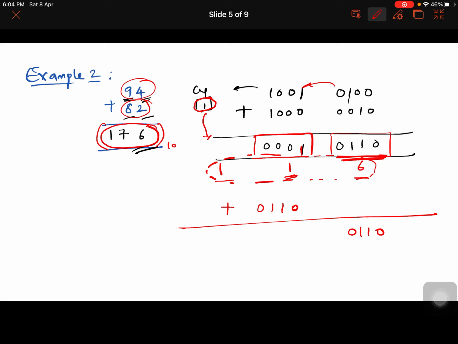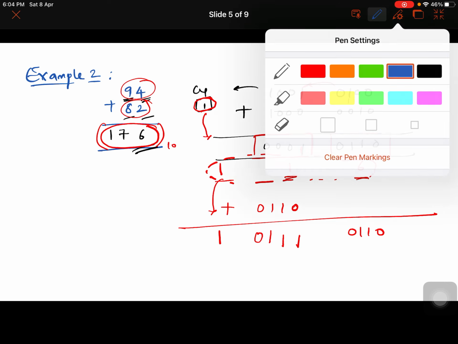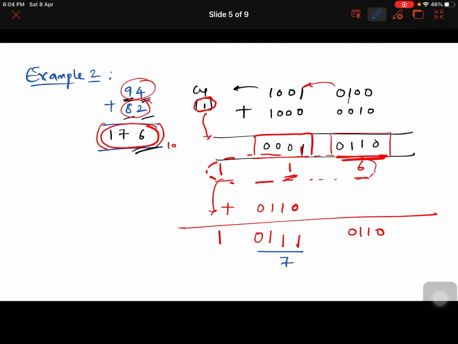Now what is 1 plus 0? It is 1. Then this is 1, this is 1, this is 0. Am I right? And this 1 carry as it is. Check it out. What is the result? This is 7, this is 6, this is 1. Check it out. Your result is now matching with 176. I hope you understand that.